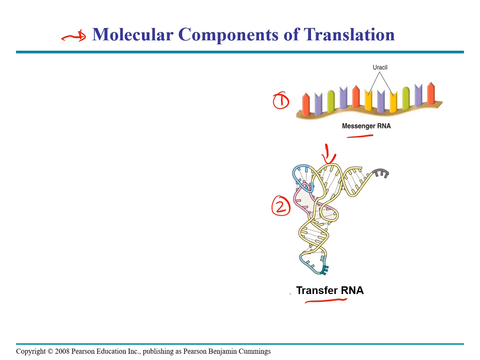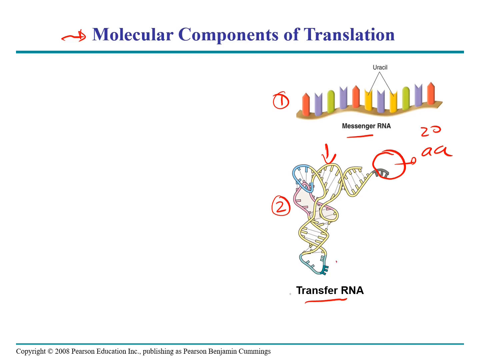The first thing that you need to remember to understand how the transfer RNA helps translation is to know that they are not identical, because at the end each transfer RNA will have an amino acid. So there are 20 different types of transfer RNAs.